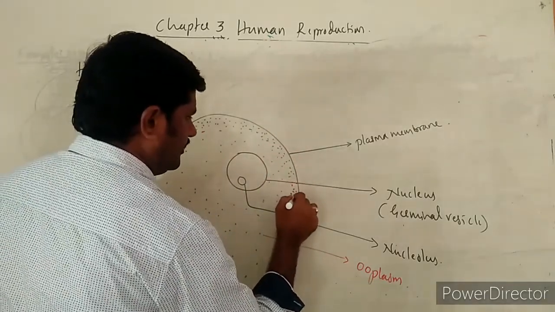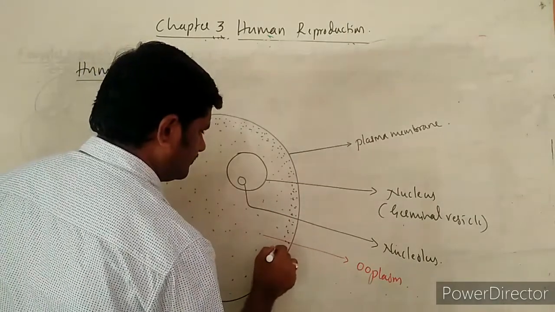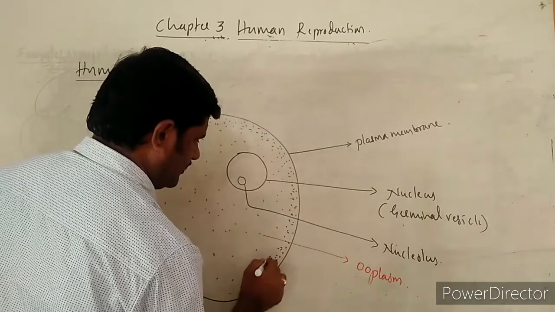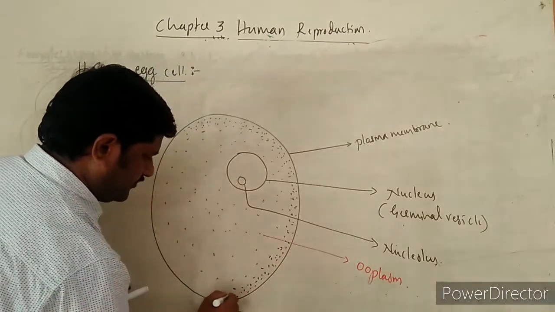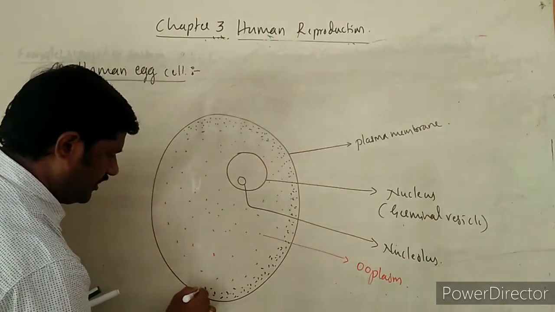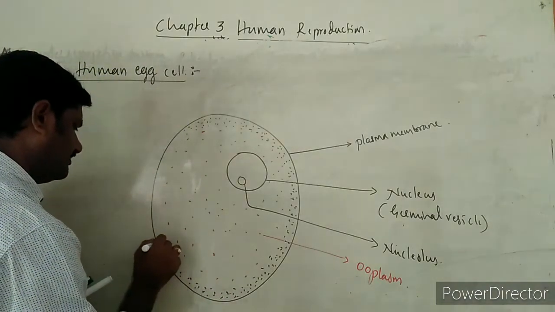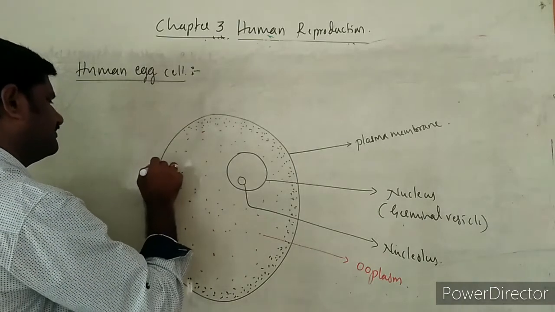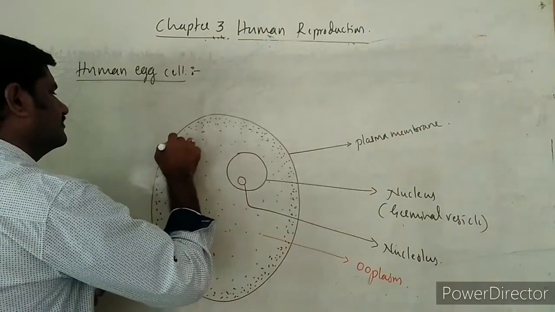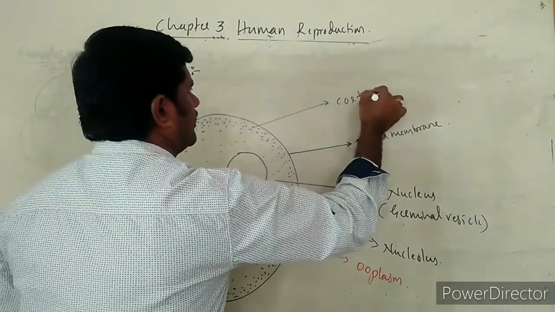What are these granular structures or vesicles that you come across under the plasma membrane? They are called cortical vesicles. These are named cortical vesicles.